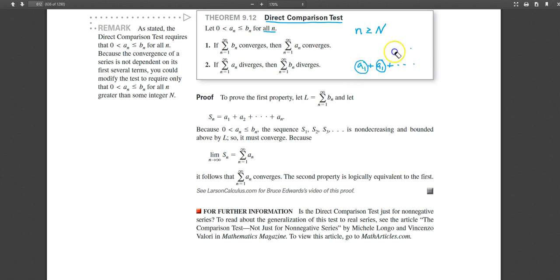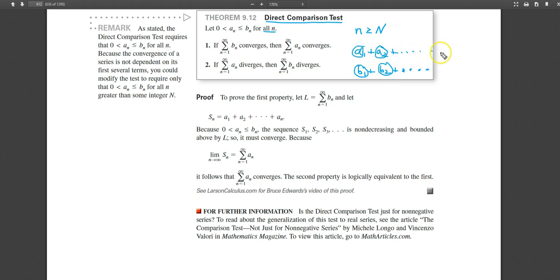So it makes sense that the a's should converge. On the other hand, if the series involving the a_n diverges, then the series of the b_n terms must also diverge. That should make sense, because if this series diverges, goes to infinity, then certainly this series should also diverge, because all of the b terms are larger than all of the a terms.